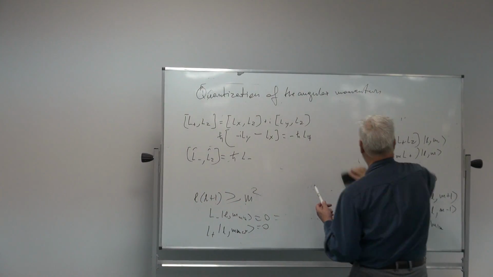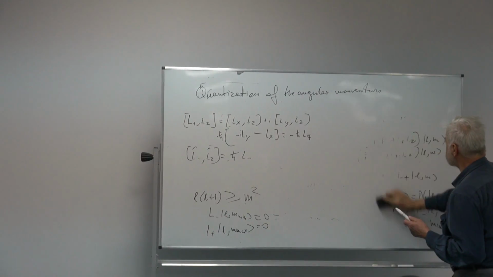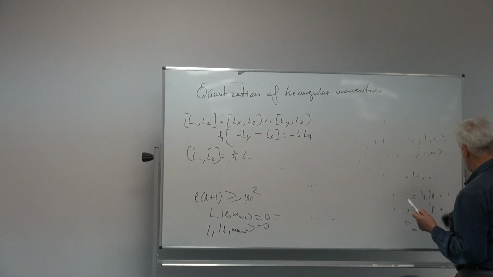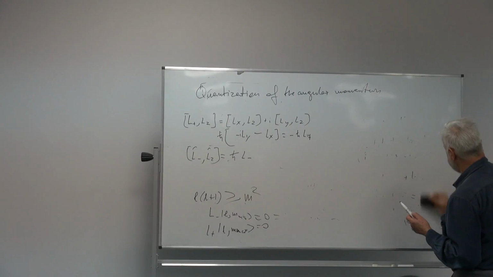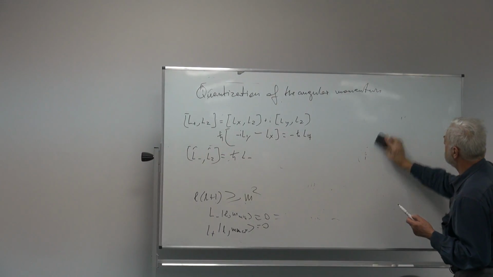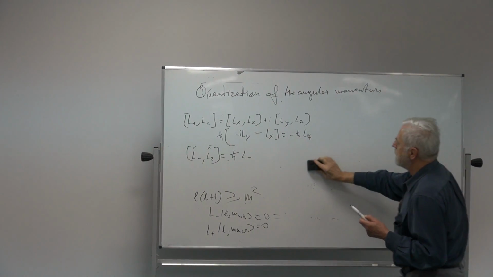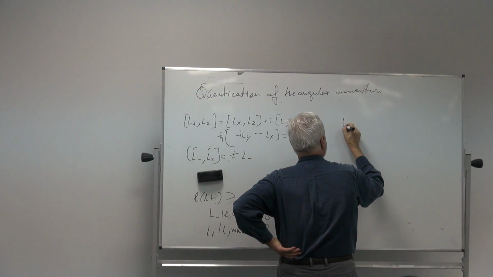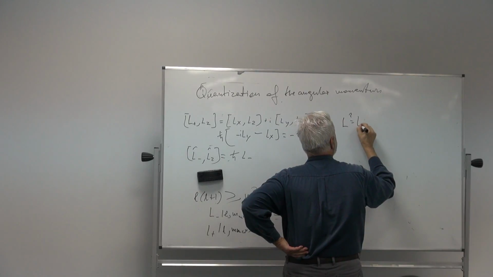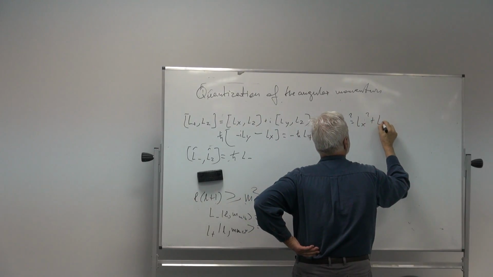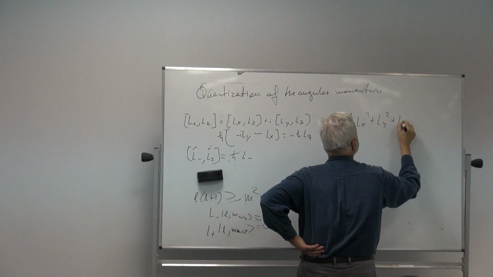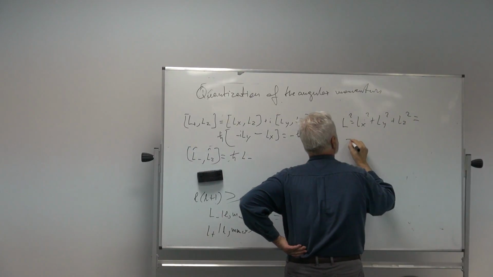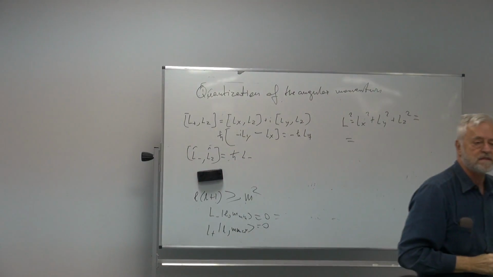So, in order to find out what these m min and m max are, let me do one more exercise. Let me write down L squared, which is Lx squared plus Ly squared plus Lz squared, in terms of these L pluses and L minuses.